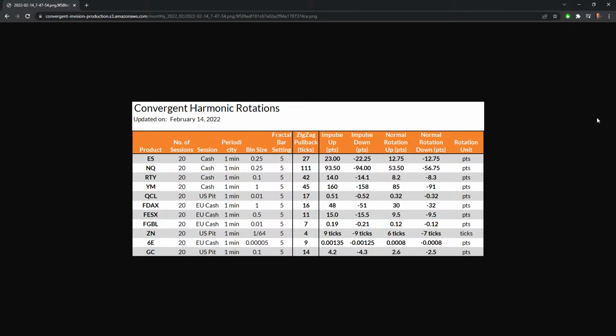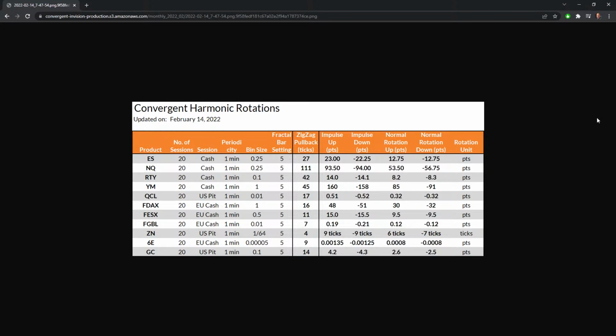So what this is saying is a rotation up to 12.75 points in one direction on a 1 minute bar is normal currently, up to. What this is not saying is to expect that every zigzag that occurs in the S&P, every swing high, swing low on a 1 minute chart is going to be 12.75 points.